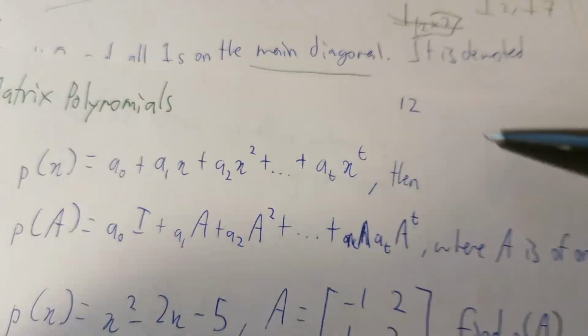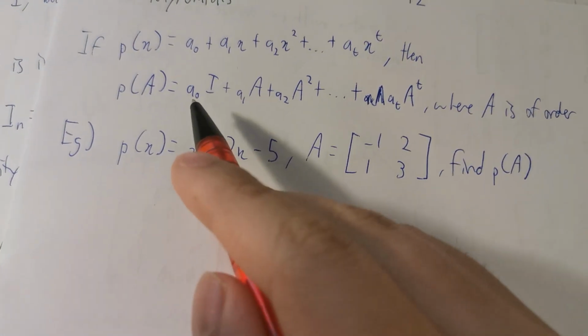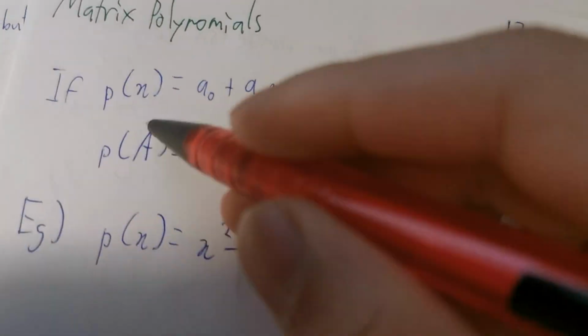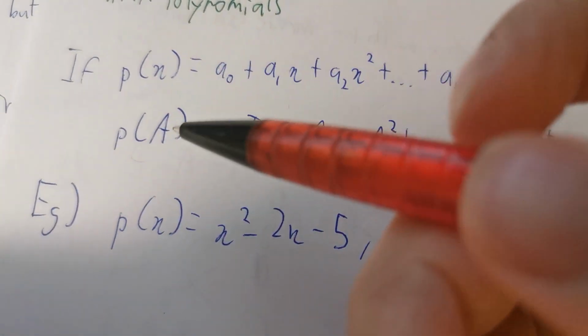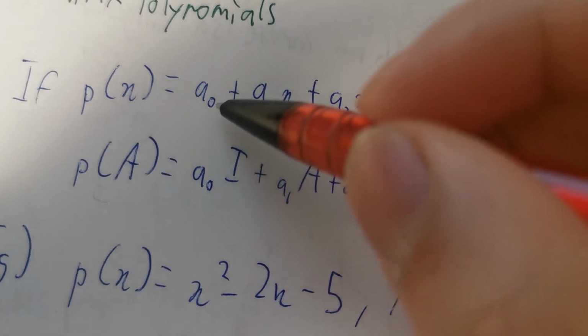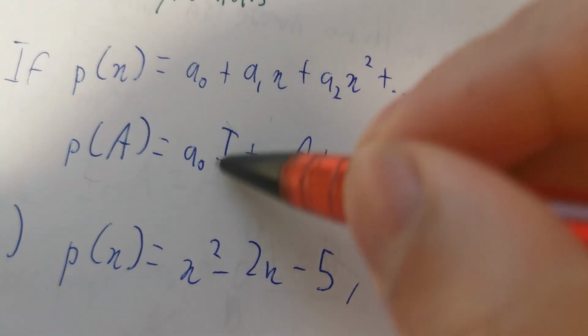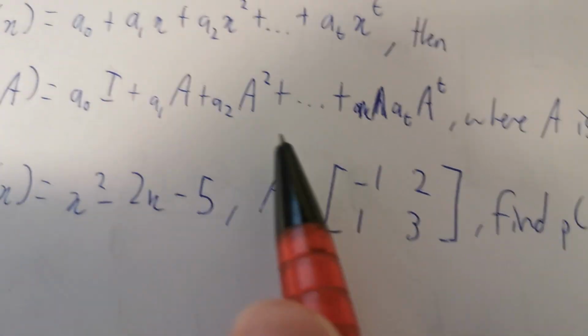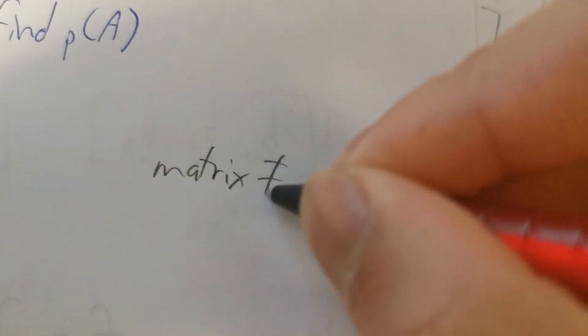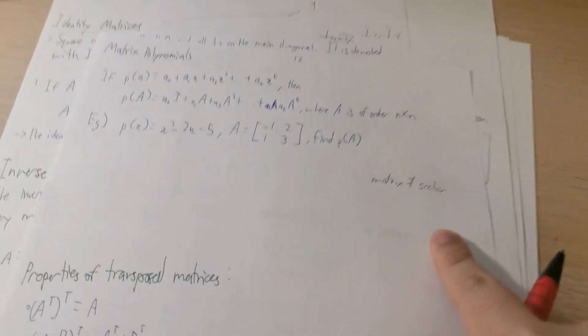It's just a random number, right? And then here you can just put a matrix into it, and it kind of works. But instead of a0, make sure you put the I there. Make sure at each step you have a matrix, because a matrix does not equal a scalar. Important to keep in mind.